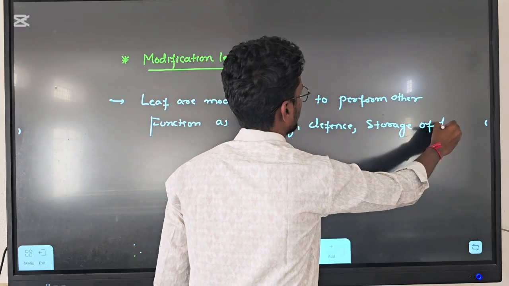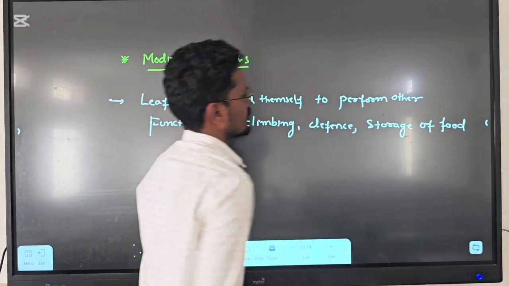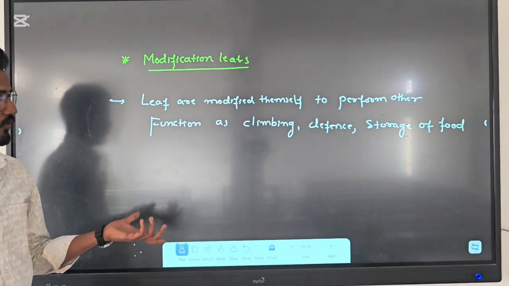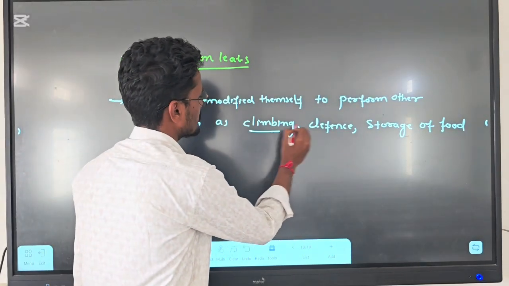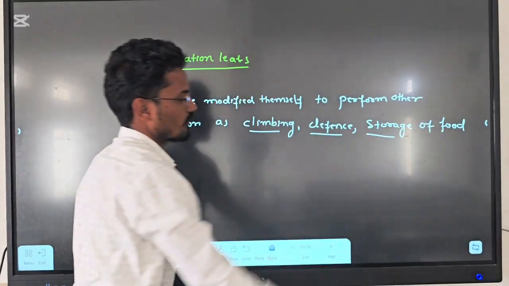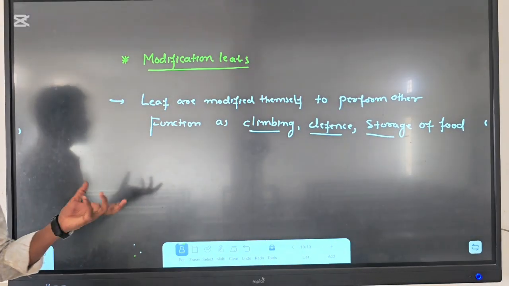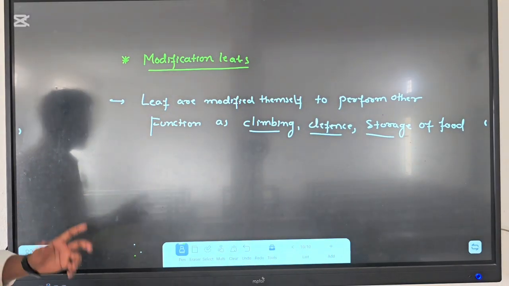Apart from photosynthesis, the leaf performs these different types of functions, climbing, defense, and storage of food, by modifying itself. Those are called modification of leaf.